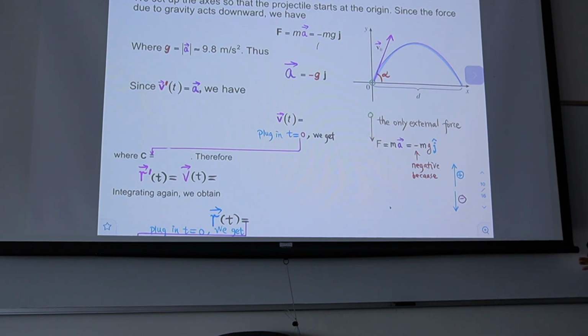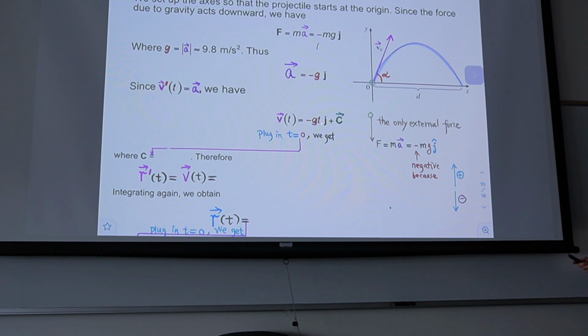You integrate it, right? Find the antiderivative of it. What's the antiderivative of this? Negative g t, in what direction? The j direction, and don't forget to put a constant vector C at the end, right? You got it, good job. So you got this right here, okay?